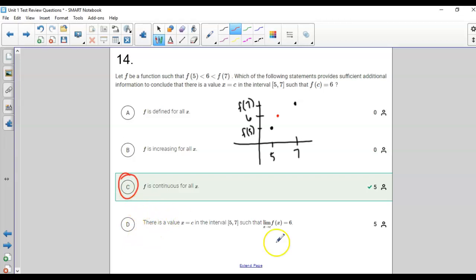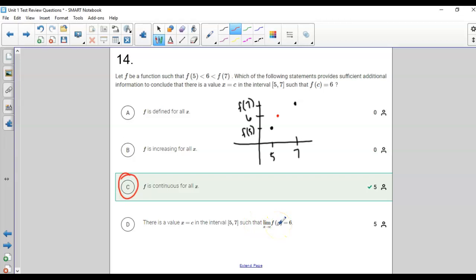Answer choice D looks a little like it should be correct, and notice that 5 of you chose it. Everybody who picked the wrong answer picked this. It says there is a value x equals c in the interval 5 to 7 such that the limit as x approaches c of f of x equals 6. So if this is continuous, then this is true.